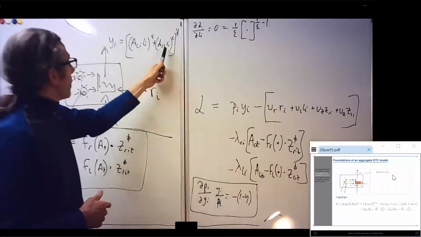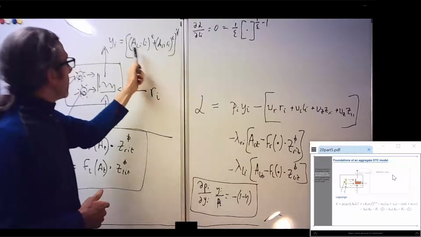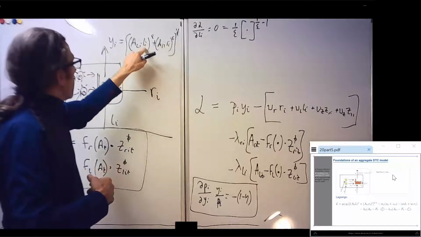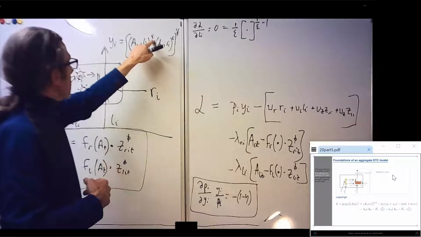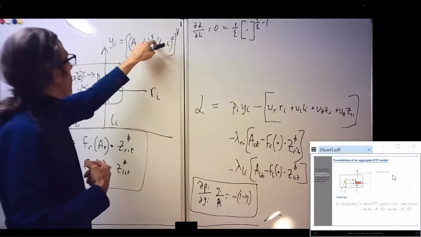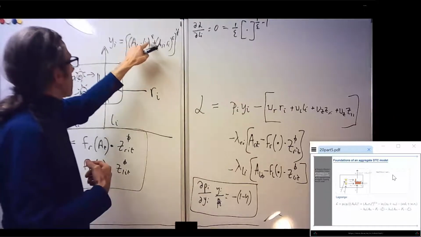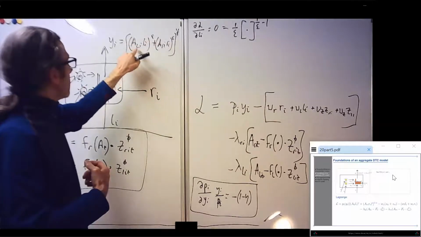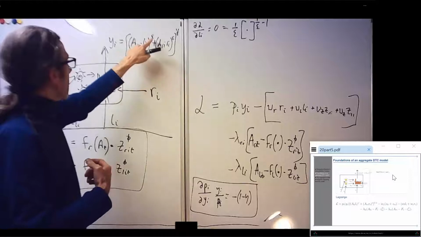Then we go inside, and if we think of this as Li to the epsilon, we've got epsilon times Li to the epsilon over Li times ALi to the epsilon.